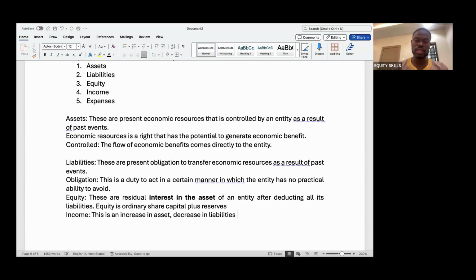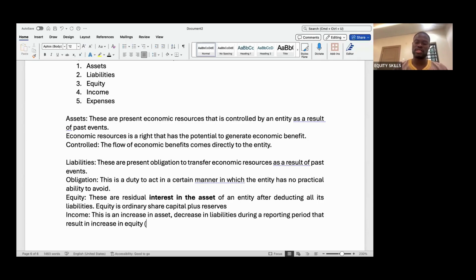Okay? So increase in assets, decrease in liabilities during a reporting period, not over time, just for a year, because income is usually for a period. And this will now result in an increase in equity.